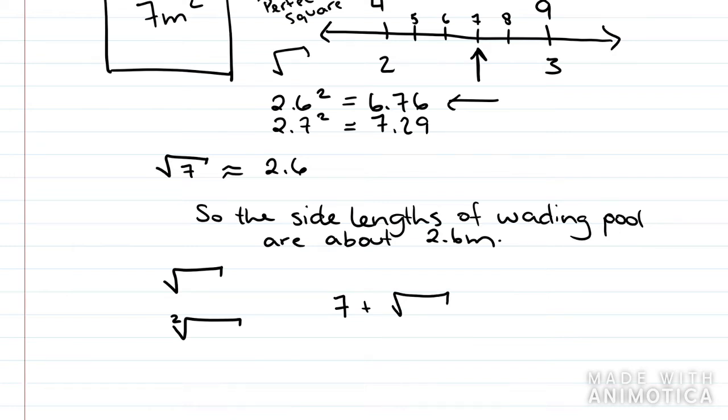Others, if it shows you the equation on your calculator, you're going to do it the other way around, and you're going to press the square root symbol and then your 7. So if I do that in my calculator, I get the answer of 2.64 meters. So we were really close.